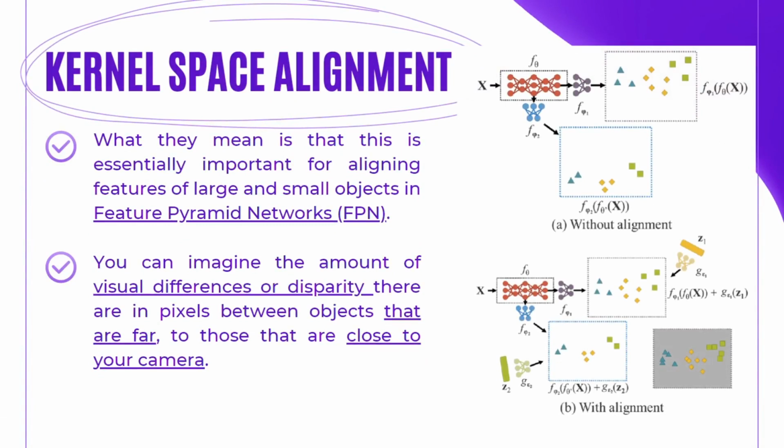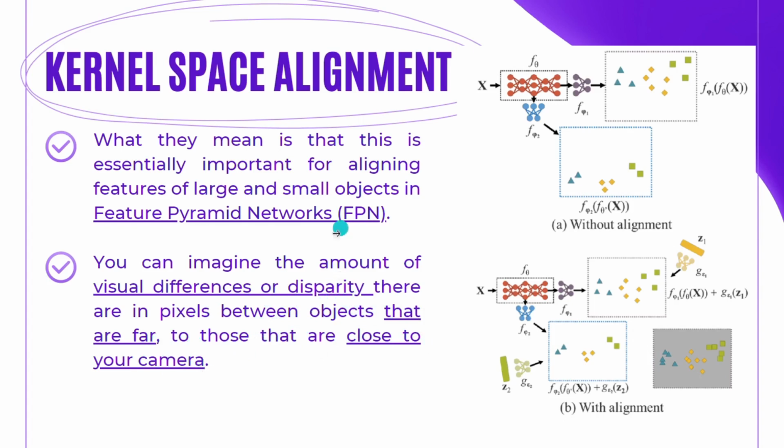So what they mean is that this is essentially important for aligning features of large and small objects in feature pyramid networks. So they use the technique of kernel space alignment in order to align some of the features that are learned from the neck part of the network, which is the FPN. And you can imagine the amount of visual differences or disparity in pixels between objects that are far and those that are close to your camera.